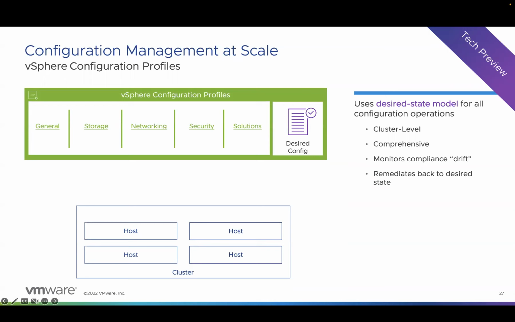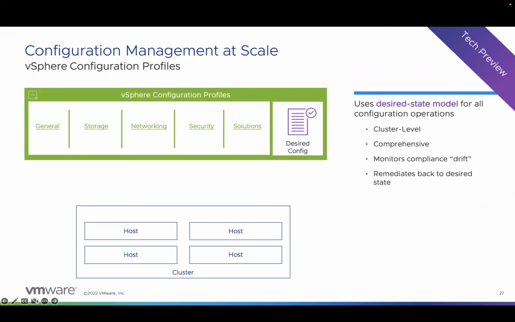We want consistent cluster-wide configuration across all our hosts in a particular cluster. We typically want all hosts to have the same sort of config in their respective clusters. That's what vSphere Configuration Profiles aims to do, and that's what host profiles aimed to do as well.